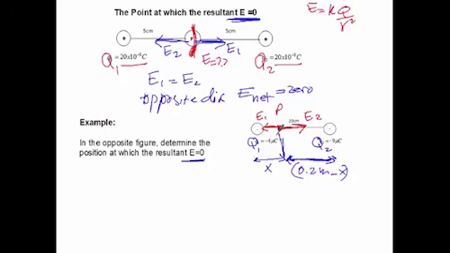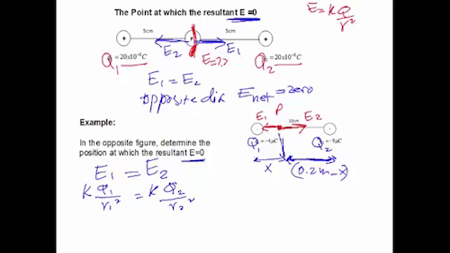We want to find the distance x at which E equals 0. We have to know that at this point E1 equals E2 and they are in opposite directions. So kQ1 over R1 squared equals kQ2 over R2 squared.